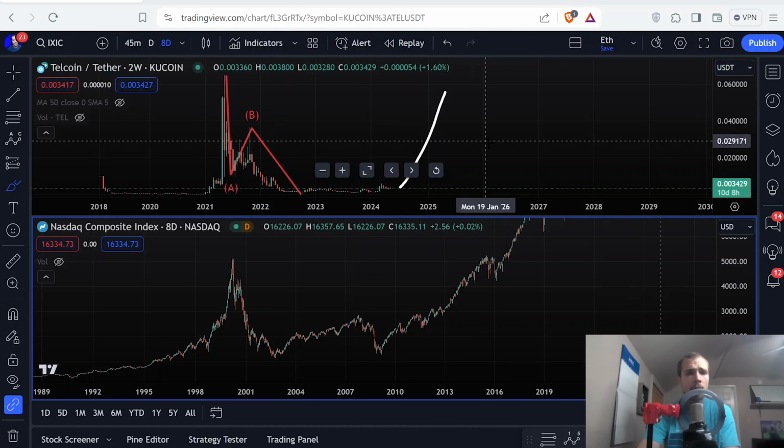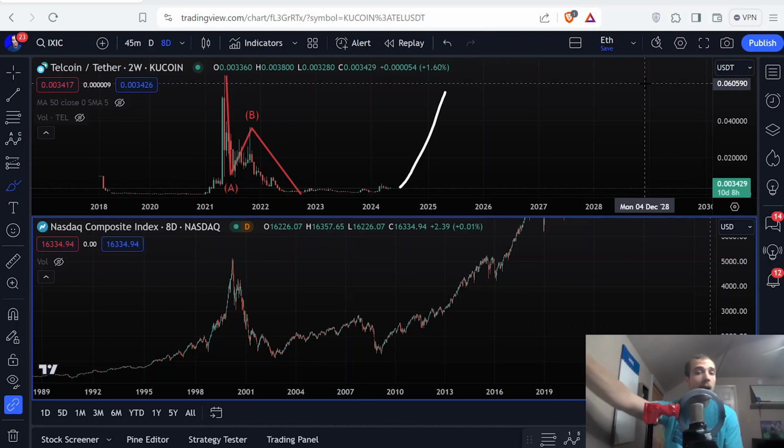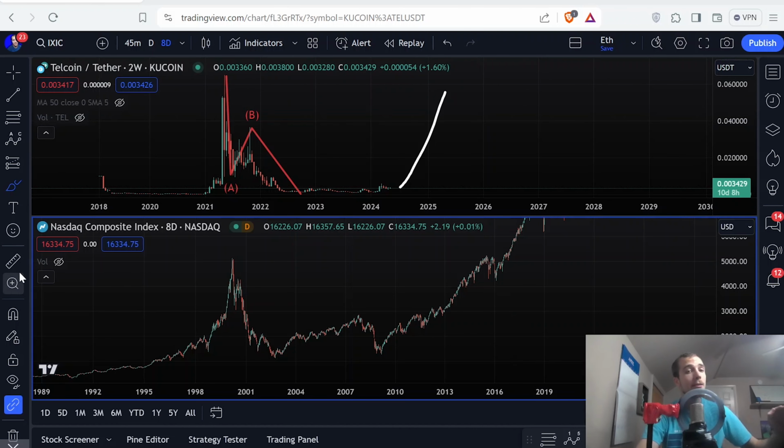So Telcoin looks absolutely incredible down here, and it's worth 0.003 cents. So if you want to talk about something that has insane upside potential, Telcoin may have one of the highest percentage gains. As far as percentage gain goes, this thing is set up for some insane gains.